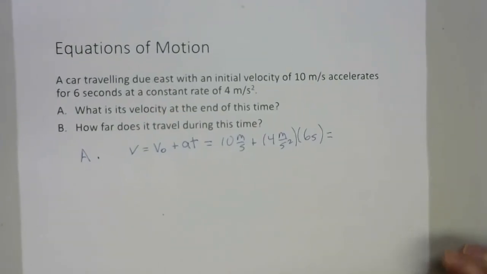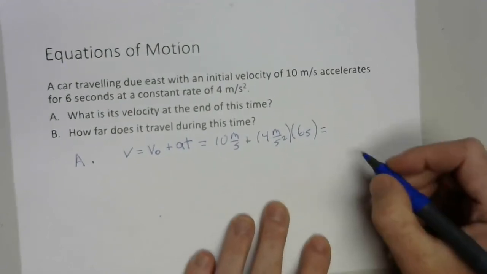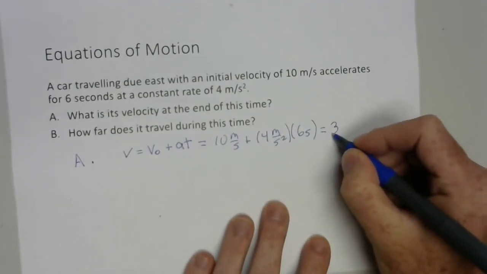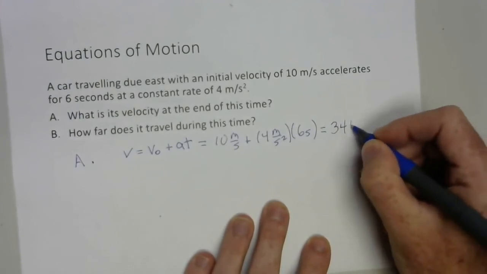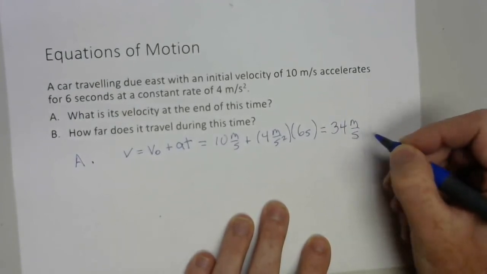Then you run that through your calculator. We've got 10 plus 4 times 6, and so you're going 34 meters per second.